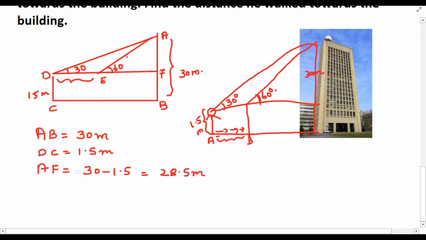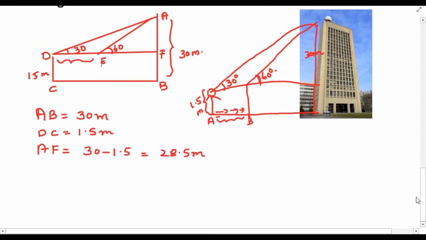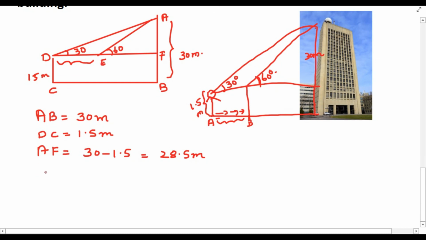Before that, we will consider the triangle AEF. So when you consider this triangle AEF, what will be tan 60 from that triangle? We know tan 60 formula is opposite side by adjacent side. Opposite side AF is 28.5.